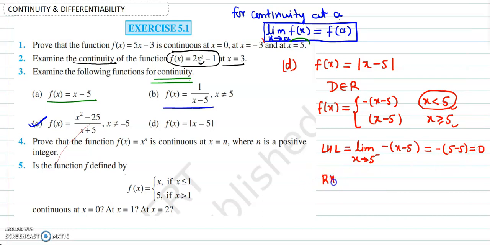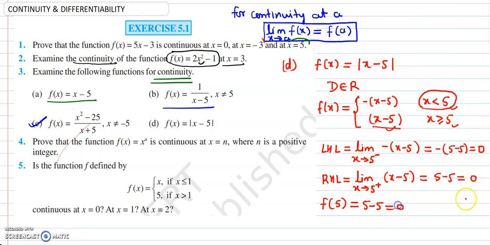Similarly, right hand limit x approaching 5 plus. For numbers greater than 5, what is the function's value? x minus 5. In place of x again you have to put 5, so 5 minus 5, it will come out 0. And now function's value at 5, so at 5 you have to take x minus 5, so again it will be 5 minus 5, comes to be 0.